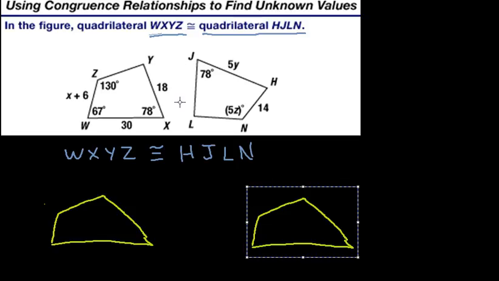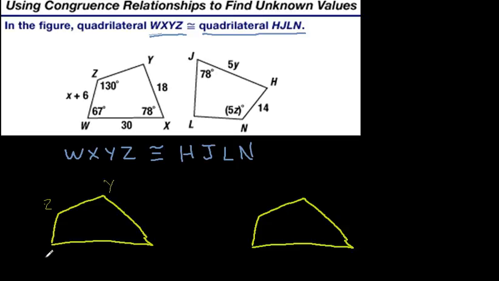I am going to change my pen, but before I do, let's copy this here. I don't even have to redraw it twice, which is nice. I'll just copy and paste over here. Now I've got the same shapes going in the same direction, and all I want to do is redraw and rewrite them so that all the angles and sides are corresponding.